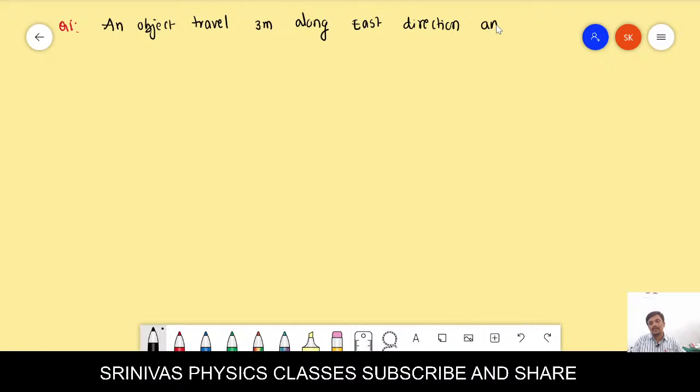Question 1: An object travels 3 meter along the east direction and then 4 meter along the north direction.